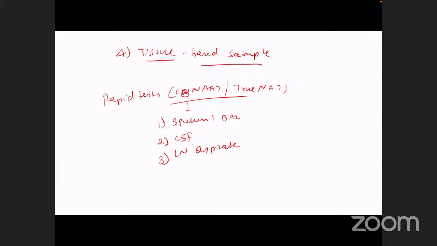Please remember this. It is not recommended for use in pleural fluid, pericardial fluid, or ascitic fluid, because sensitivity is very low. Obviously, specificity is good, but sensitivity is very, very low for these samples.